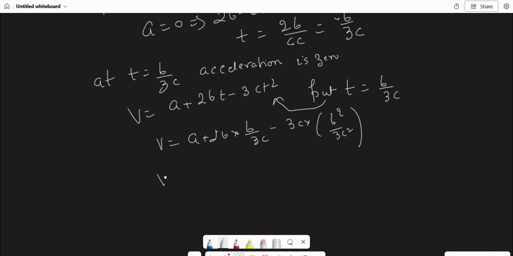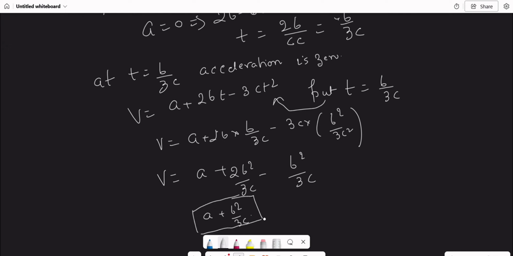You get v is equal to a plus 2b square by 3c minus b square by 3c, and it comes out to be a plus b square by 3c. So this is the velocity of the particle when the acceleration is 0.